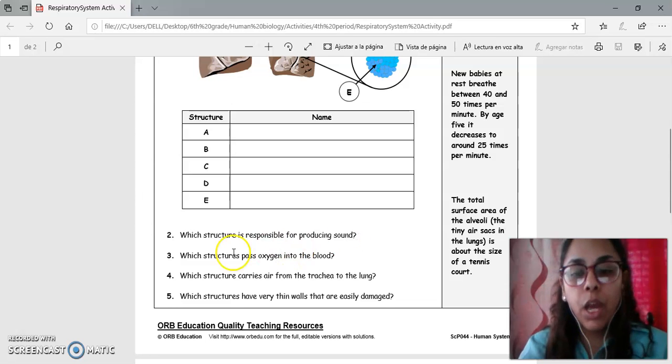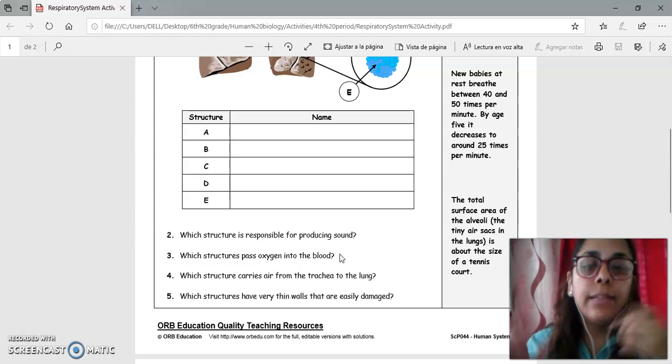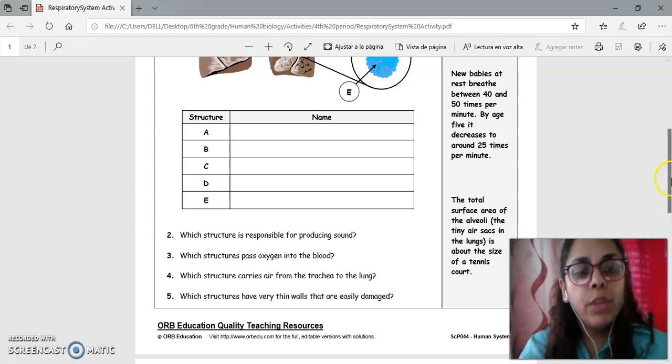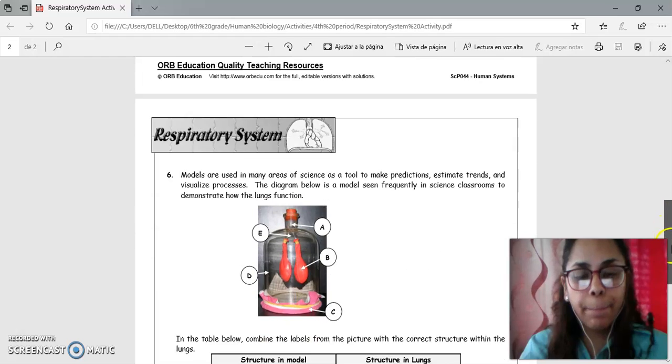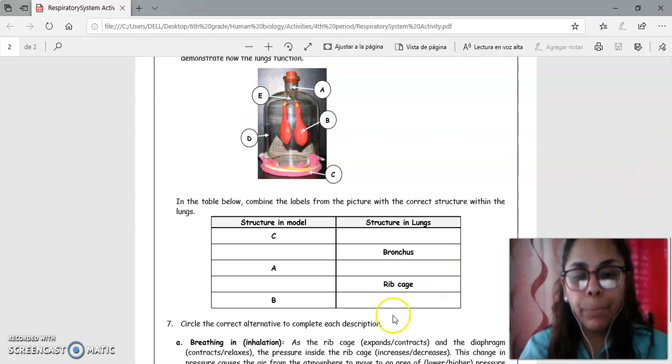For example, this one: which structures pass oxygen into the blood? You must investigate, look on the internet, and see what those structures are, okay? So this is also for you to place the name of the organ that you think is the one that is represented here on the model, okay?